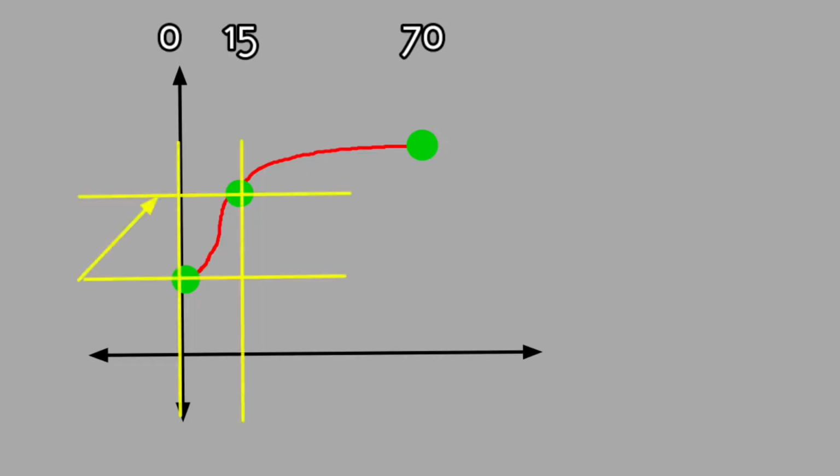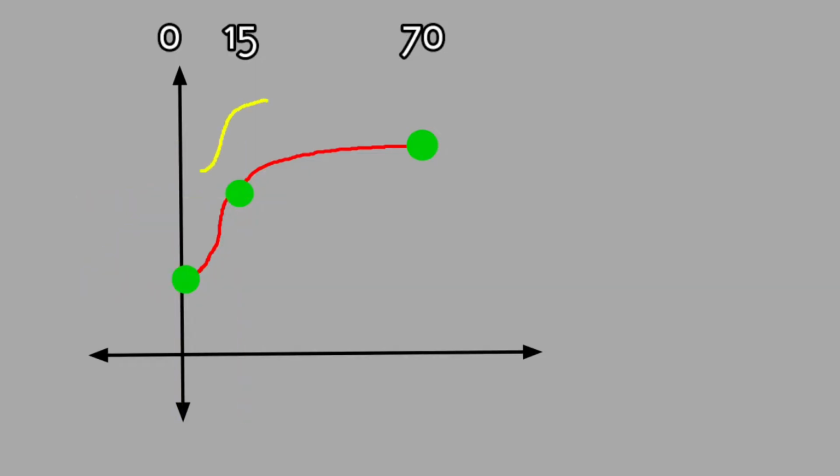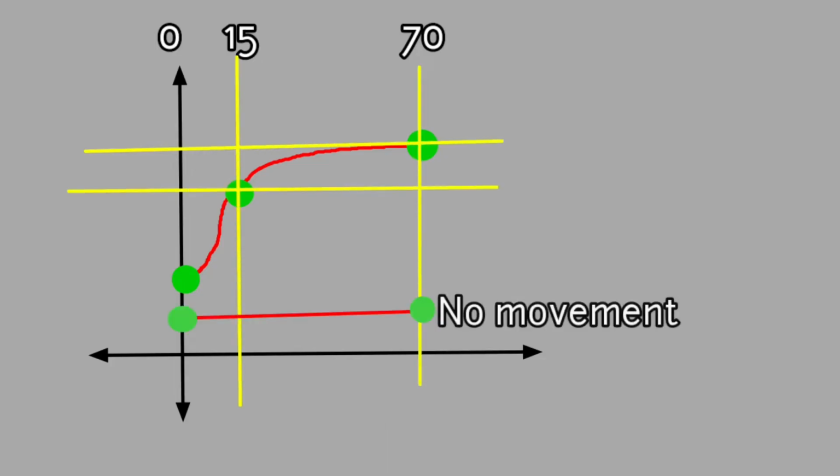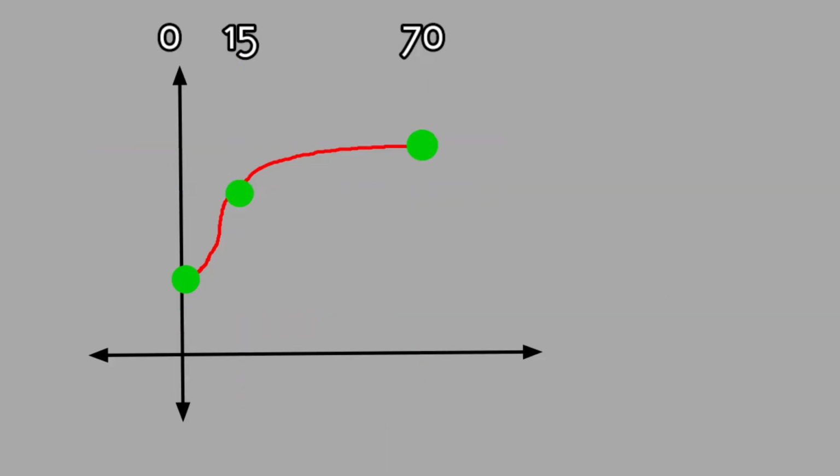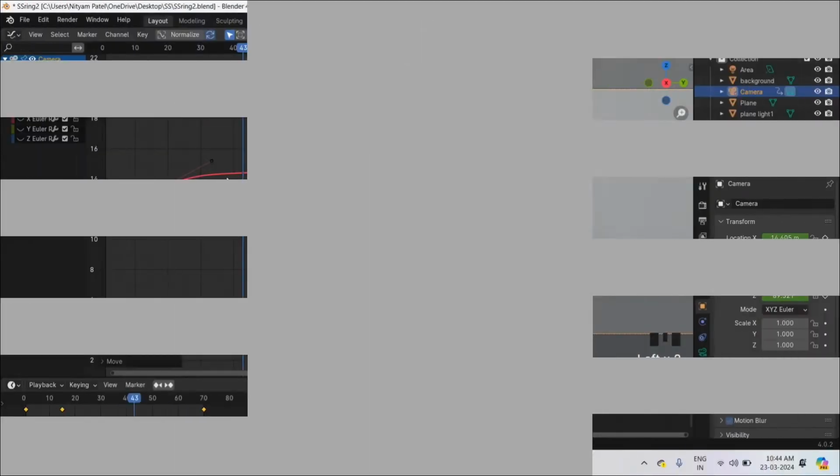Suppose my graph looks like this with the 3 values 0, 15 and 70. From 0 to 15 the movement is fast, but because it is Bezier, after that the movement is very slow, like zero movement. So from 15 to 70 I just manually create a linear shape. From the start the camera movement increases in speed because of Bezier and then becomes constant.